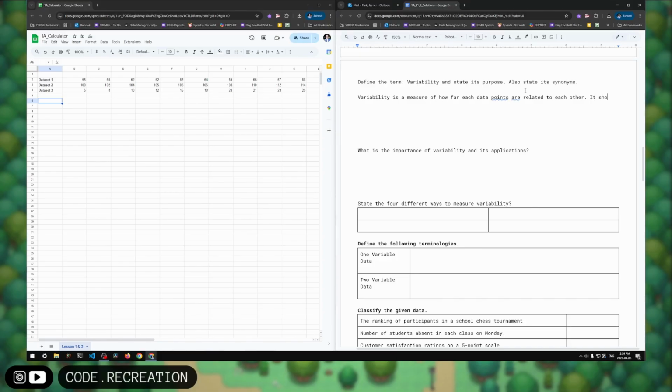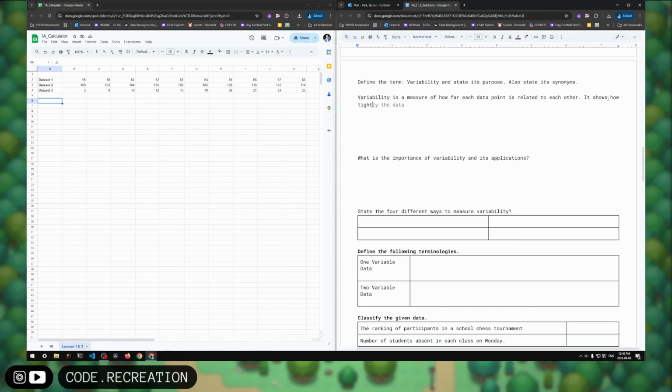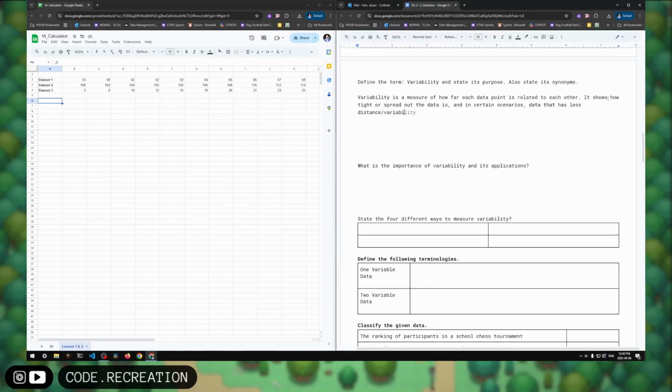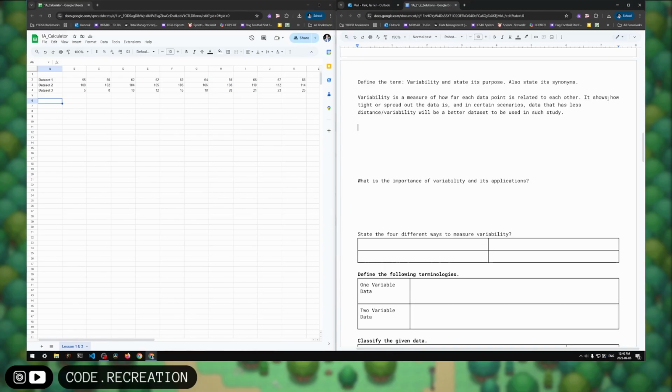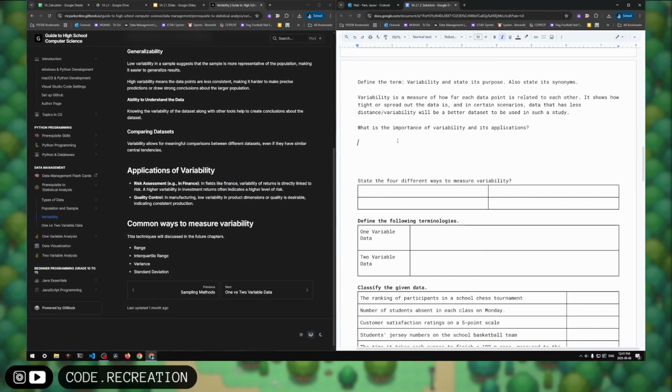It shows how tight or spread out the data is, and in certain scenarios, data that has less distance or variability will be a better data set to be used in such a study.